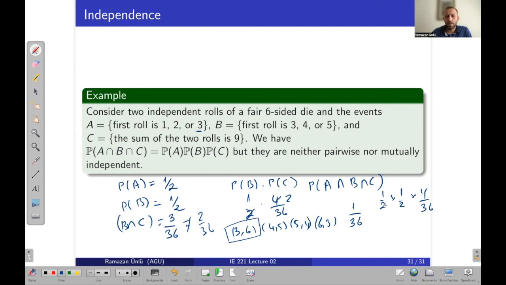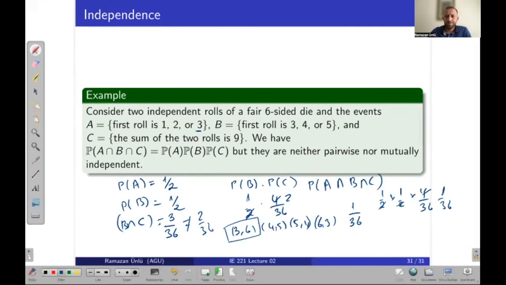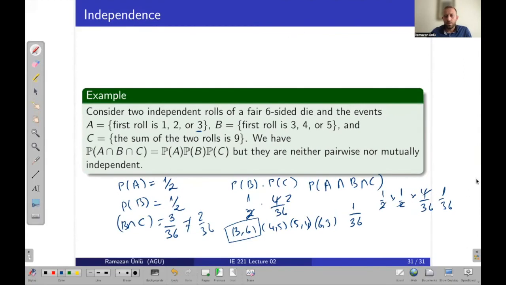So this is the same, right? Even if these are equal, because the first 3 conditions are not satisfied, we cannot say that these are mutually independent, and also they are not pairwise independent.